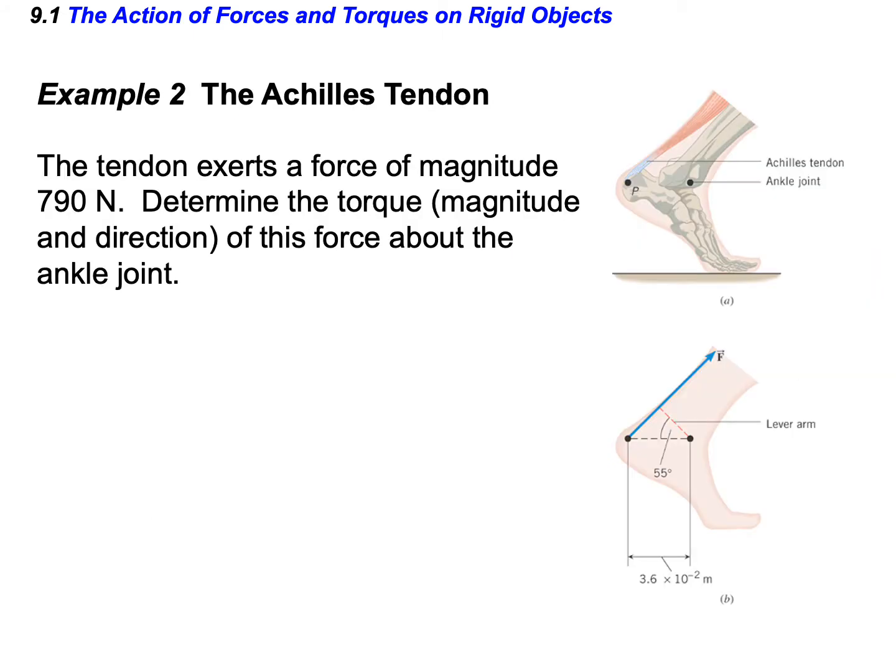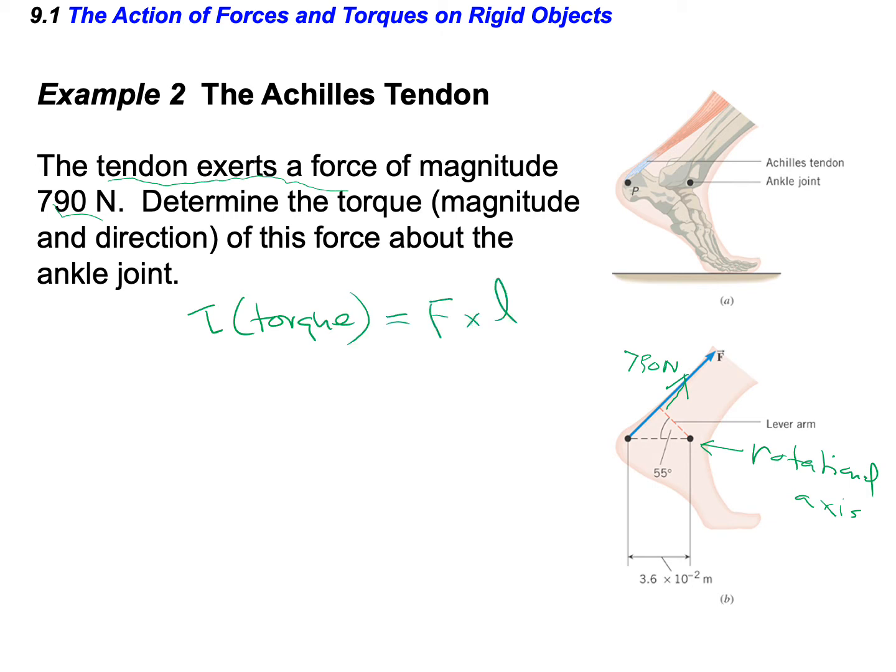Okay, so in this example, the tendon exerts a force of magnitude 790 Newton. So you have a force like this, which is 790 Newton, and this is the rotational axis. If you want to calculate the torque, tau, it is equal to force times lever arm.